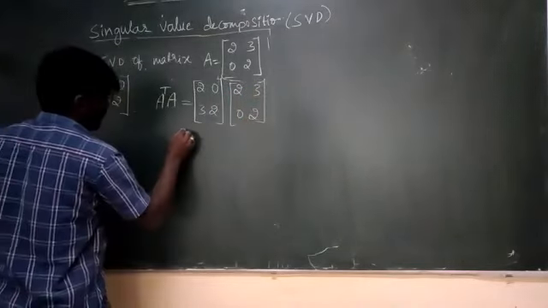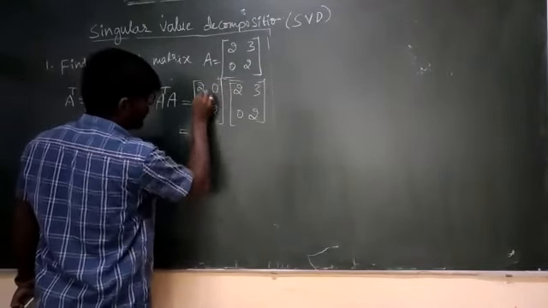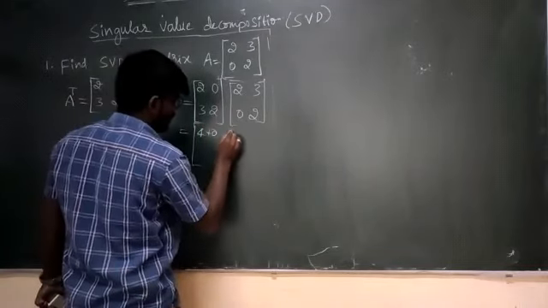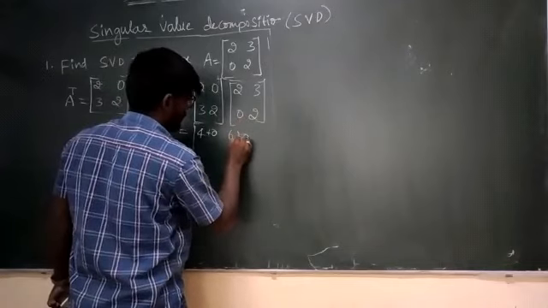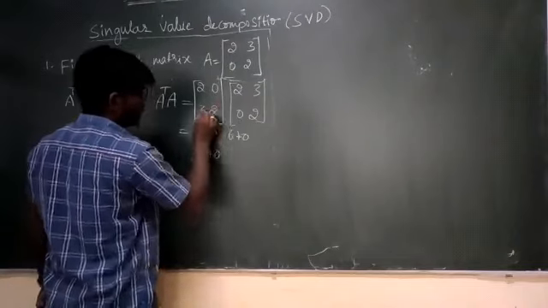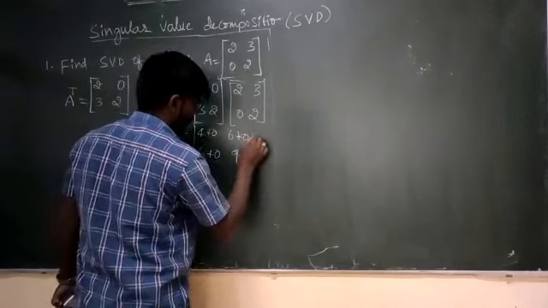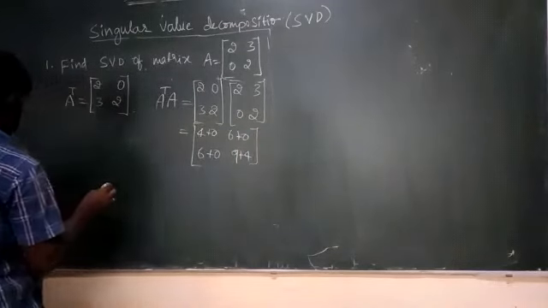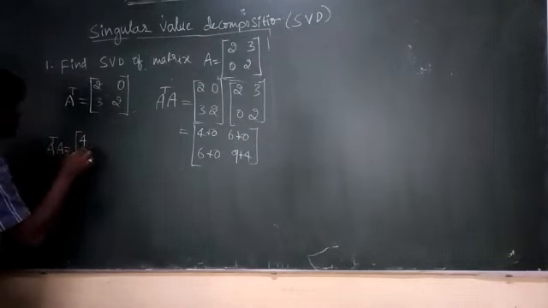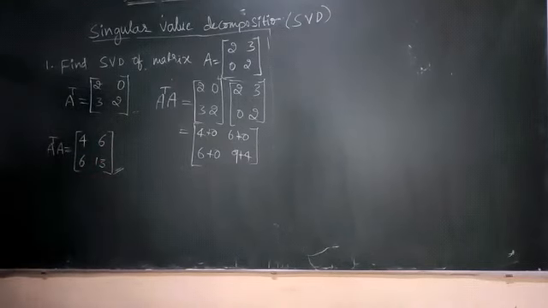After multiplying, we get 2 into 2 is 4, 2 into 3 is 6, 3 into 2 is 6, and 3 into 3 is 9 plus 4 is 13. So A transpose A is 4 6 6 13. This is A transpose into A.